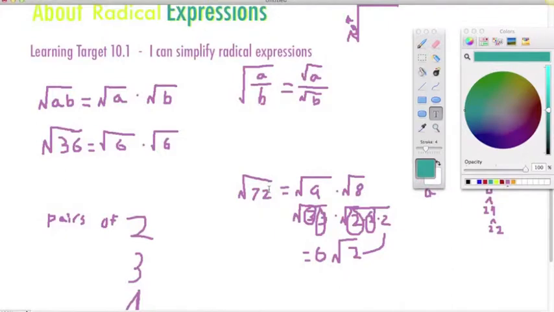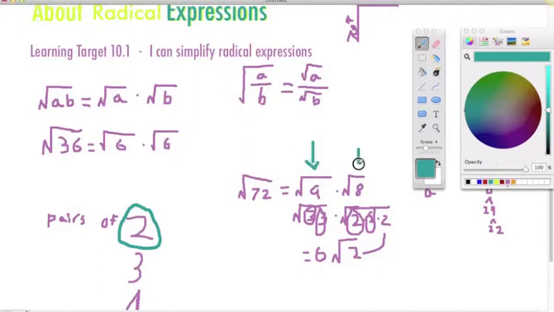Well, let's look here. We have the square root of 72 equals the square root of 9 times the square root of 8, because 72 is not in fact a perfect square. Here, because like I said, it's a square root, we're looking for the pairs of 2.